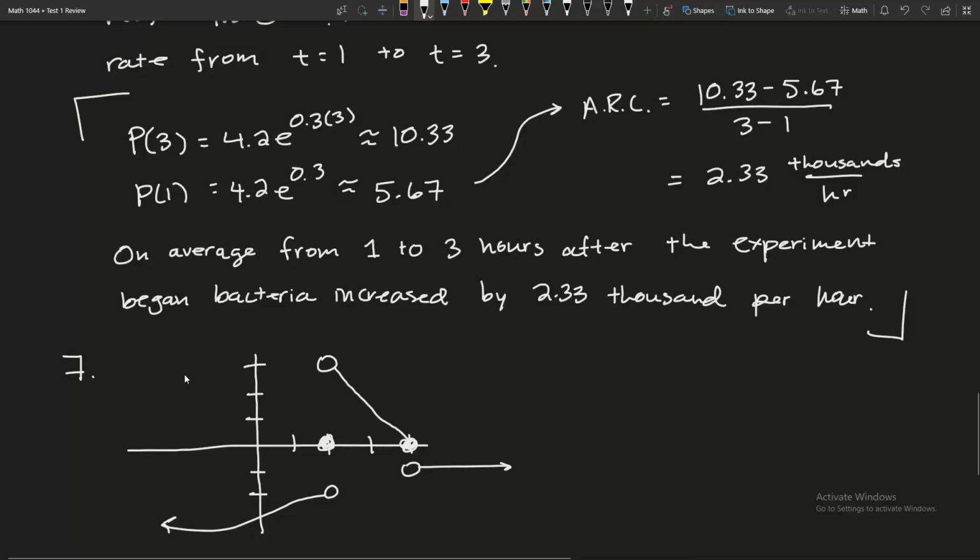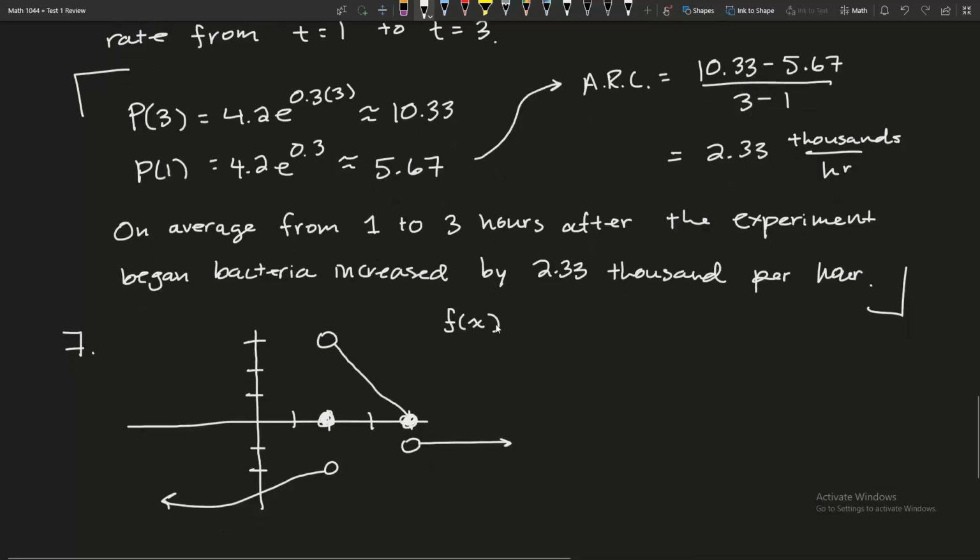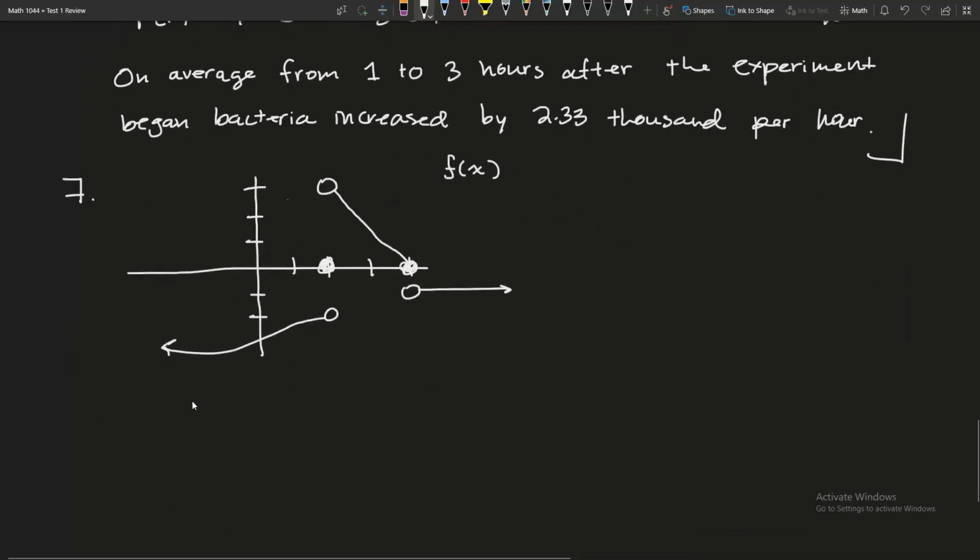Okay, so this is our function, let's say f of x, and we just want to evaluate a few limits based on this picture. So let's say evaluate the limit as x approaches 2 from the right. So what you want to do is find 2, the x value. So that's where this dot is.